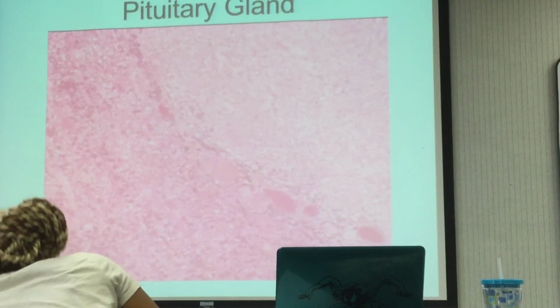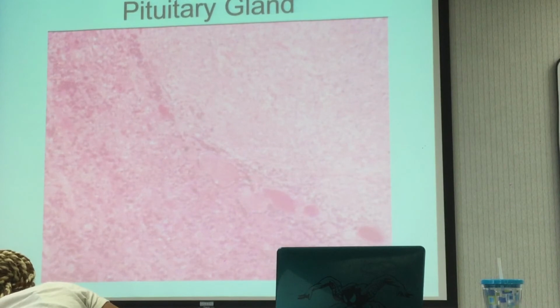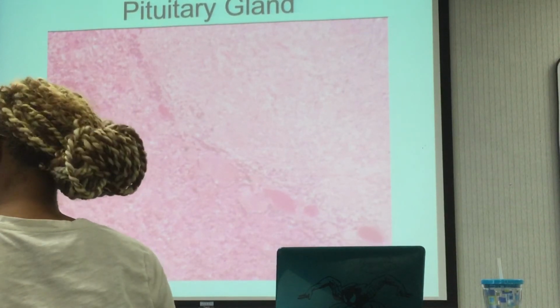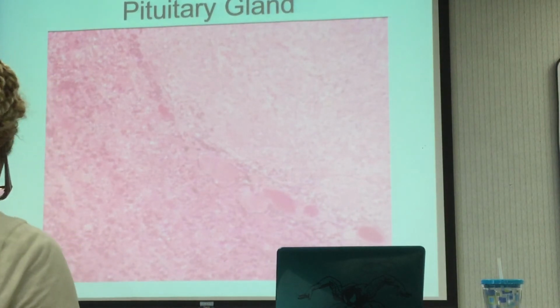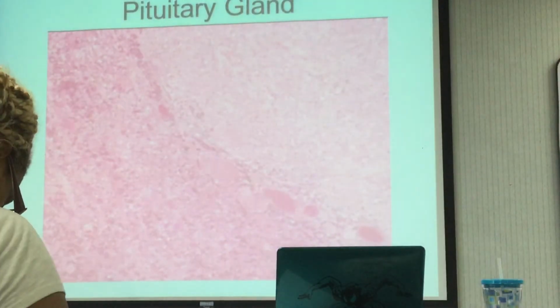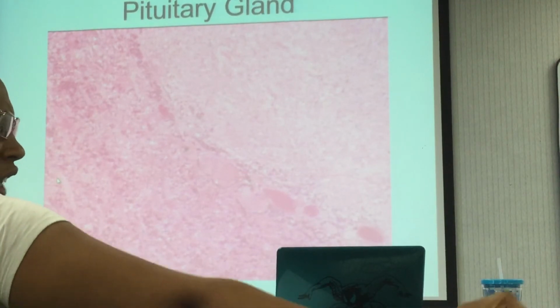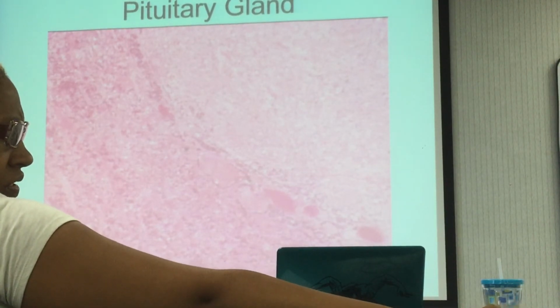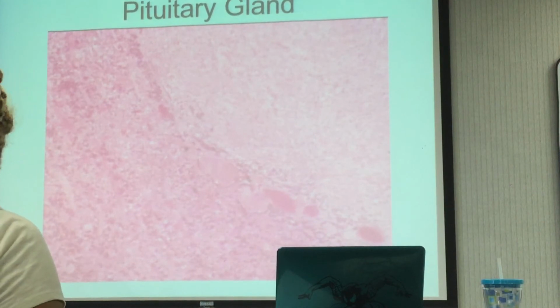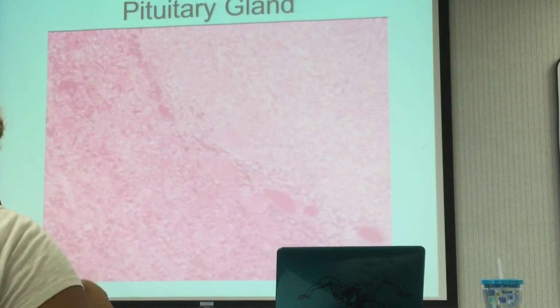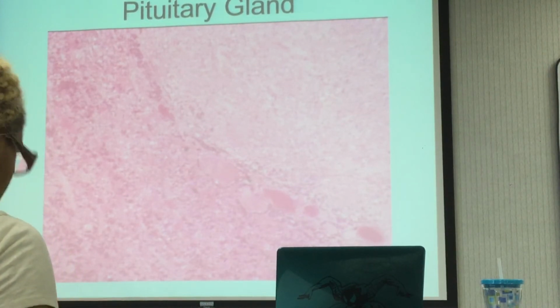Acidophils produce what hormones, and basophils produce what hormones, and under the influence of what? Acidophils always get less color than basophils. Basophils are darkish, purplish. Acidophils would be grayish and reddish.